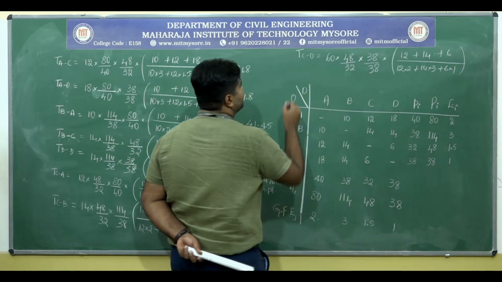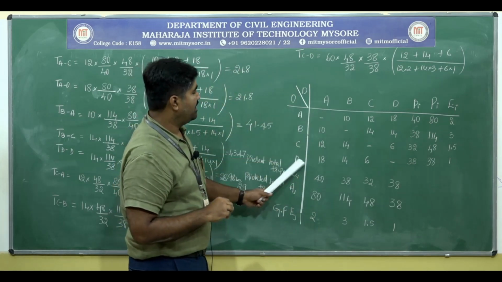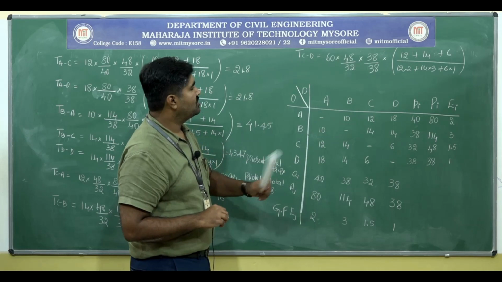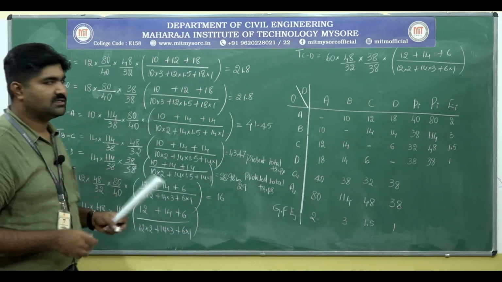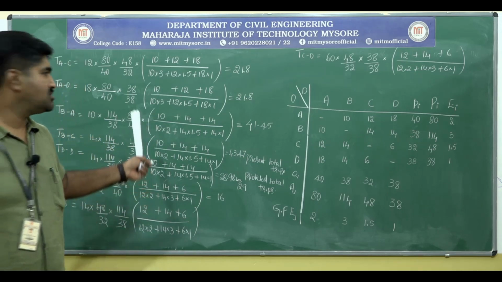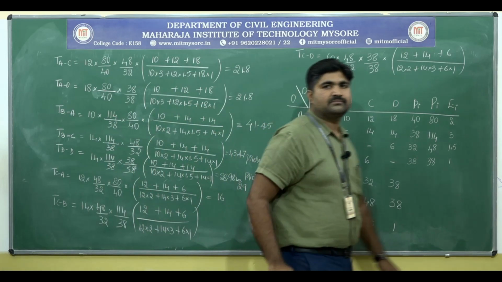Okay. Lastly, next D to A, D to B, D to C. Please take down these values. Write down fast.